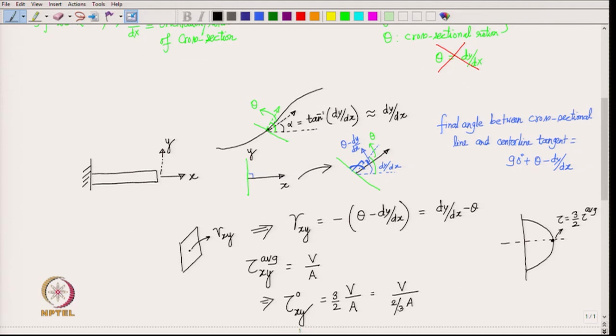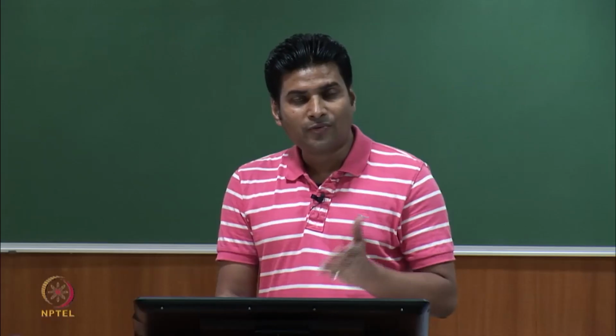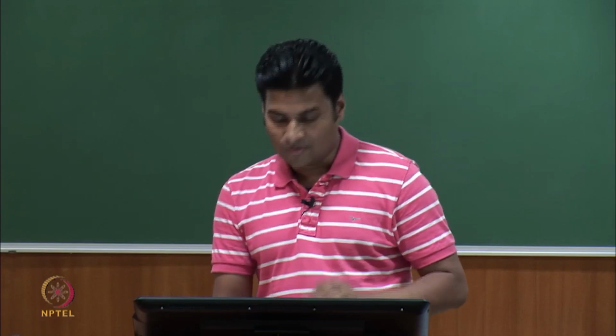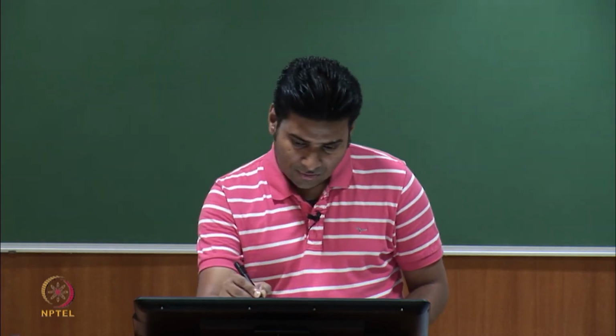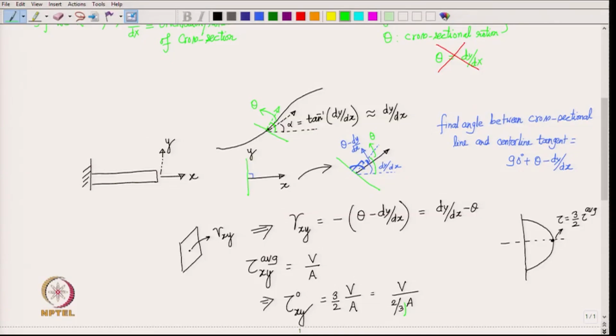Okay. So, 2 by 3 is called the shear correction factor. This is to account for the change in shear stress, all right. So, we will call this 2 by 3 the shear correction factor, and let us denote that by K, and this number will be different for different cross sections.